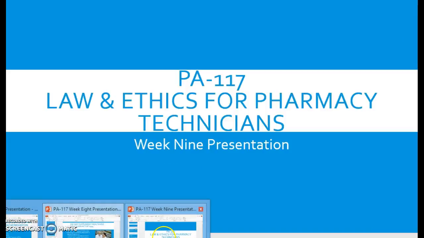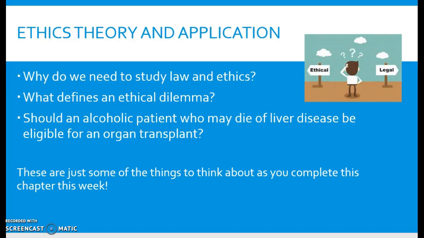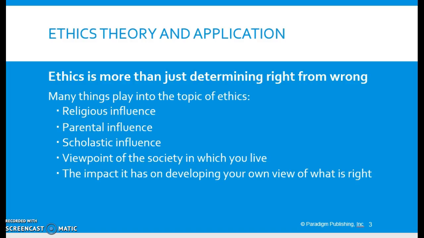And then the final week was all about ethics and theory. A lot of the things you're going to see come up in this chapter are things that maybe you can't necessarily put your finger on. It comes from more of a judgment type of thing, so what do you think about that type of thing?